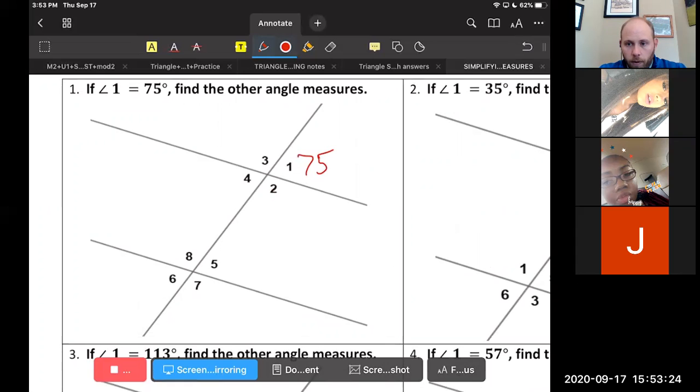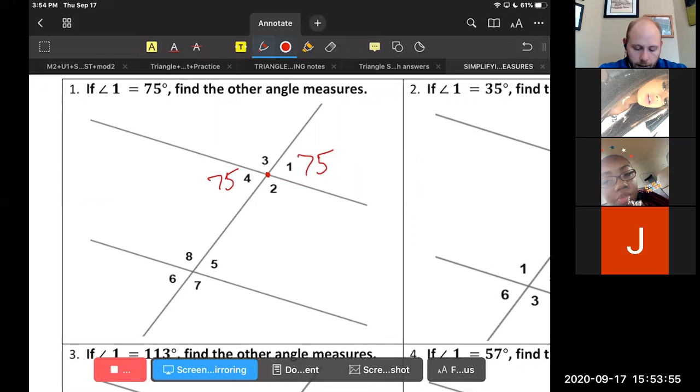What's vertical with number 1? 2? No, 2 is next to it, it shares that line. 4, yeah. 4 is vertical because it's opposite from 1. So that is also 75. Vertical angles don't touch; they only touch at this dot in the middle. 1 and 2 would be linear pairs, so they do something else, and we'll get to that.